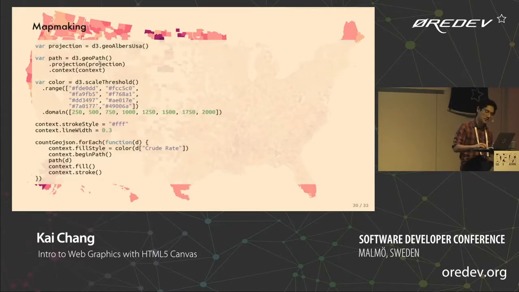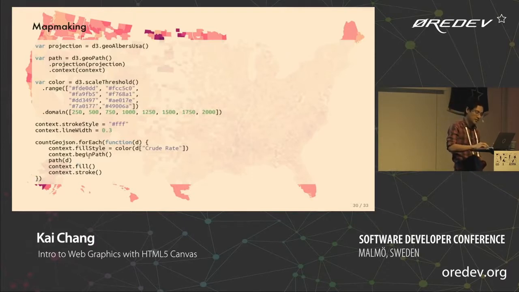And then D3, in its geopath, can take the canvas context that you're rendering to, and it knows when you pass in geographic data, which is usually in the form of GeoJSON or TopoJSON, how to create the path, just like we did earlier when we were drawing that M.